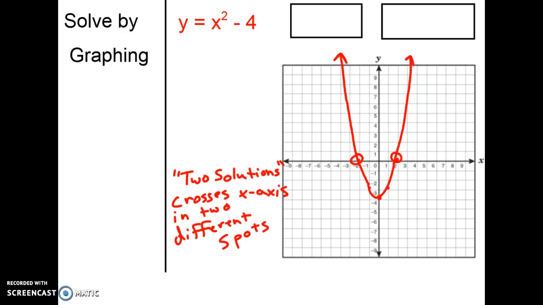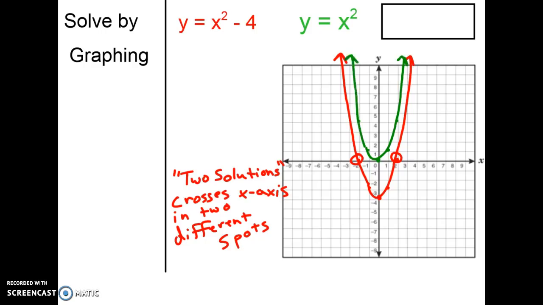So that's a parabola that has a vertex below the x-axis and is pointing up. If we talk about our parent function, we'll do that in green. Our vertex would be right there at the origin, and we'd have a parabola that looks like this. This parabola has one solution, where the vertex is on the x-axis.